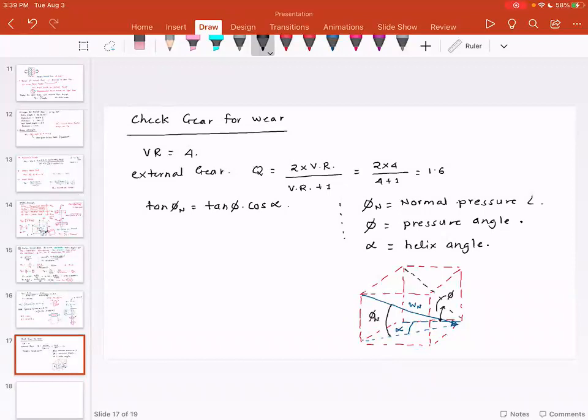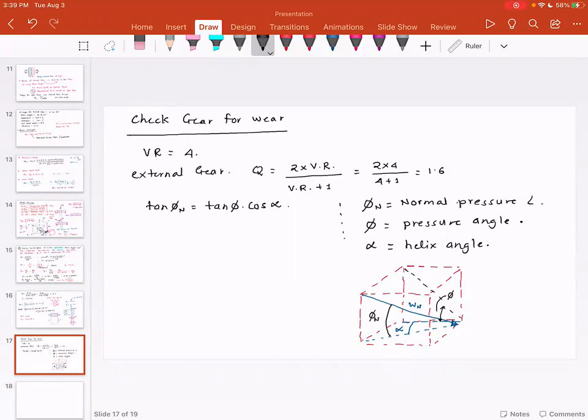So now you can look at the math, and you will notice that, let's think about it, if you take tan of phi n, then you get this vertical line, and that vertical line is nothing but we need to get a projection.